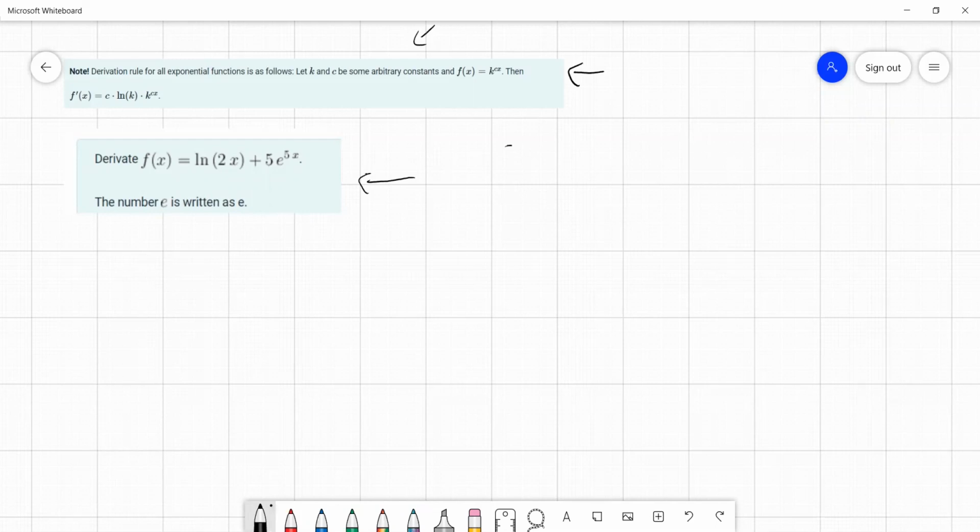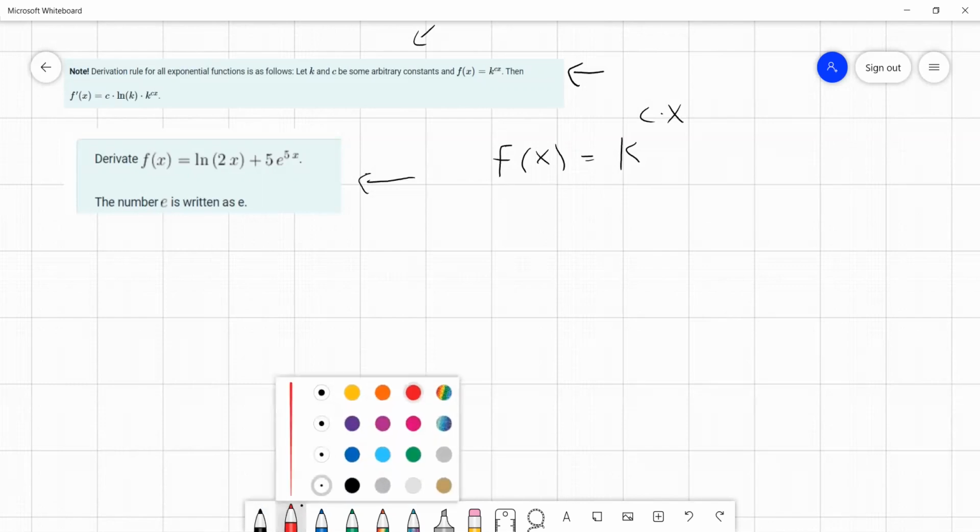So essentially it's saying that we have a function. It is k to the power of c times x. And what it is stating, let's put that in red.